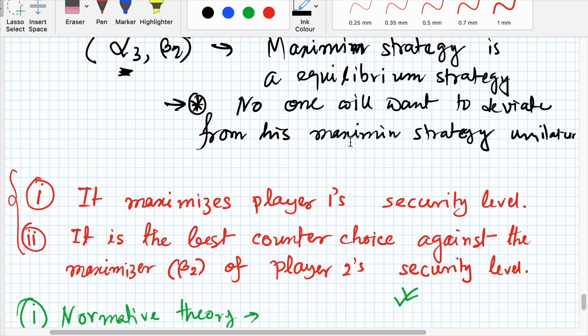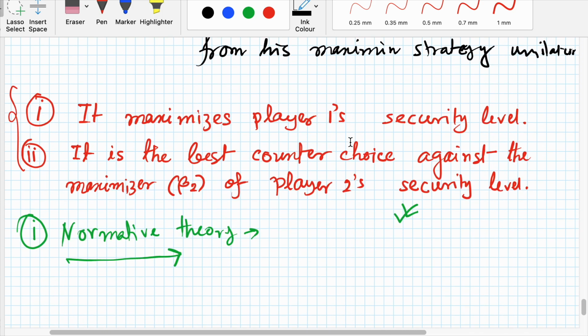And we have seen that this equilibrium has two properties: one, it maximizes player 1's security level, and second, it is the best counter choice against the maximizer of player 2's security level. So those two properties hold, and that's why we call it an equilibrium strategy. Now this is for the strictly competitive game.